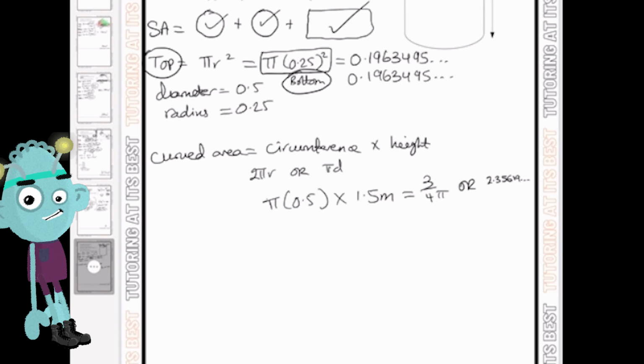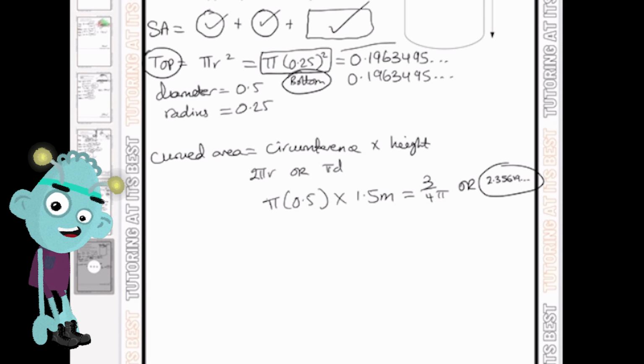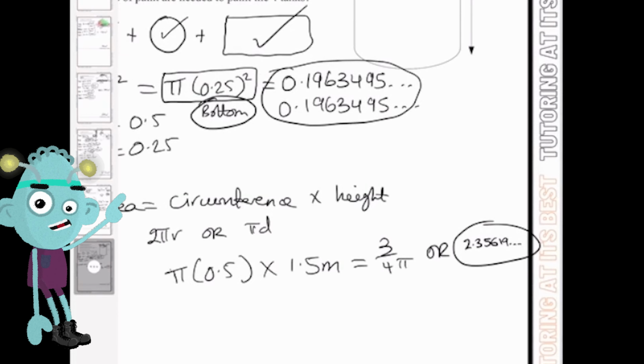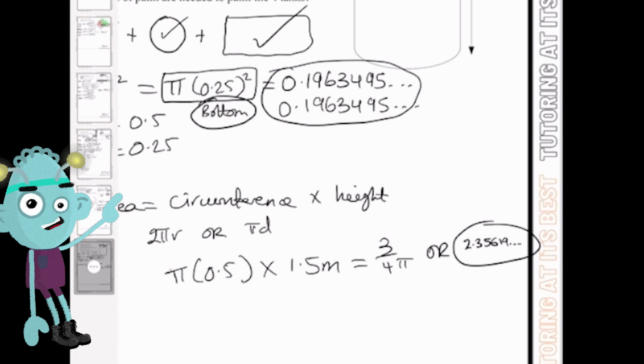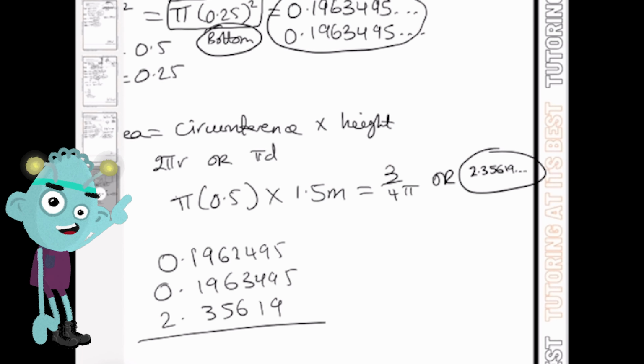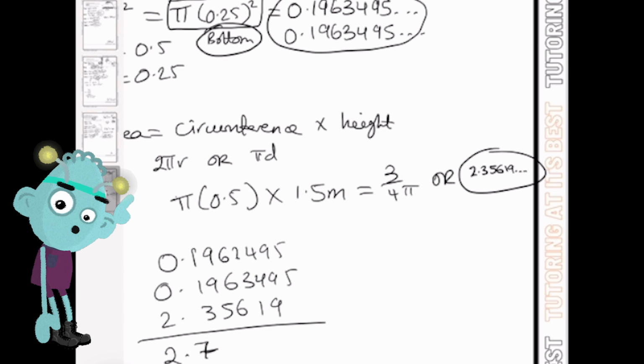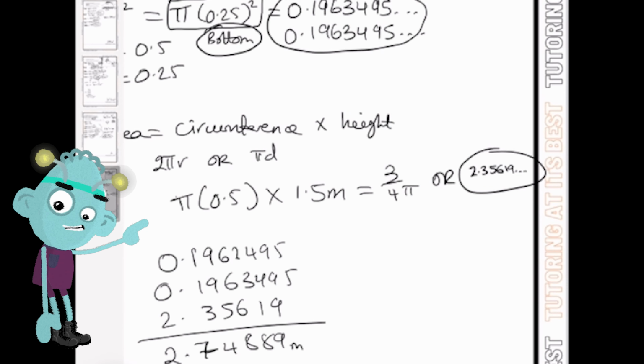So having said that, what do we need to do? We've now got our curved surface area. We've got our top and our bottom. So now we need to simply go ahead and add these together. Marvelous. And you can now see we've got 2.74 meters squared.